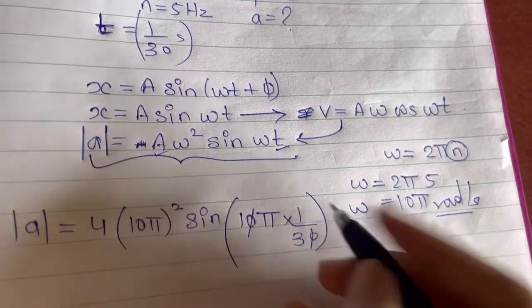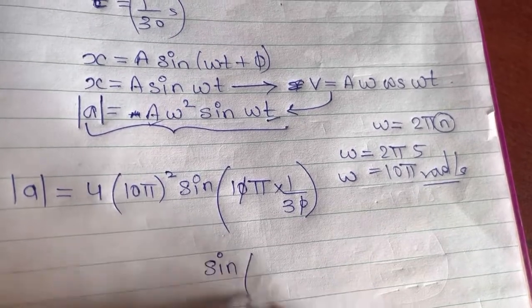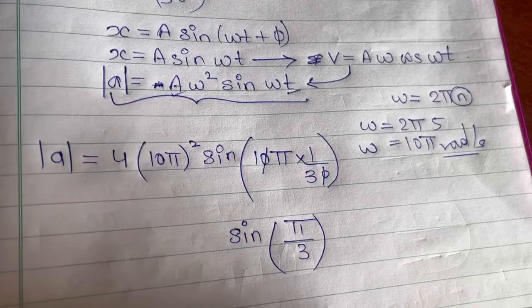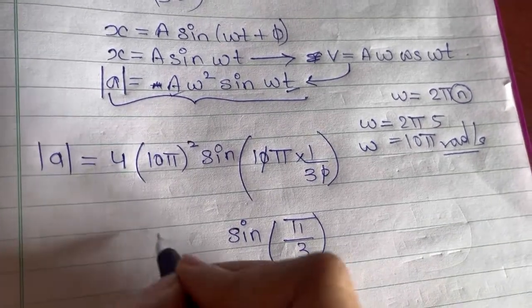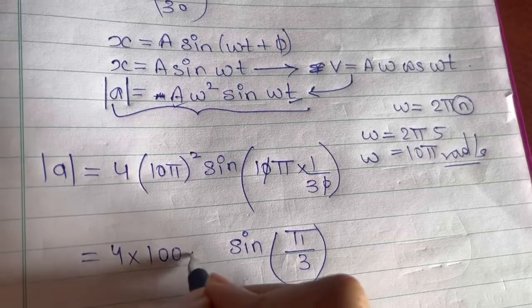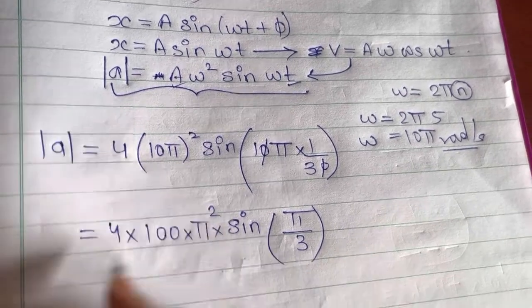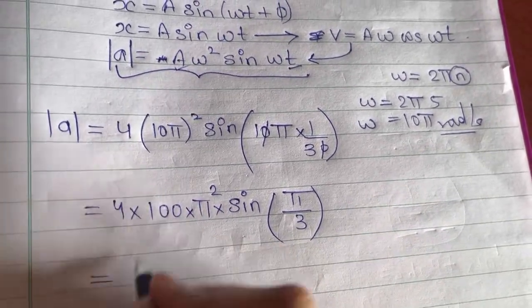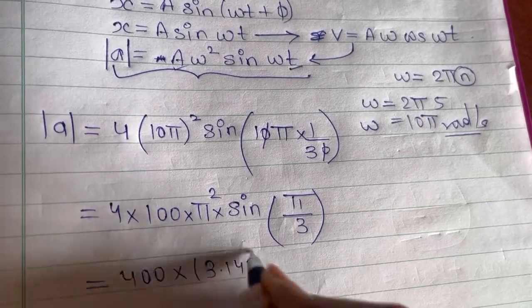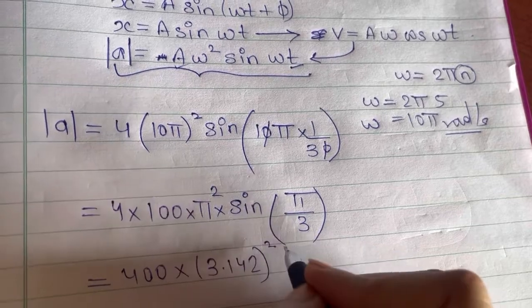This and this get cancelled. So here you have sin pi upon 3. Sin pi upon 3 is nothing but sin 60. 4 into 10 square is 100 and pi square. So now this is 400 into pi, that is 3.142, the whole square, and sin 60.